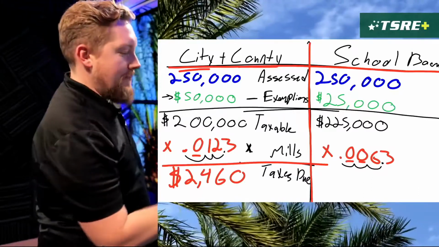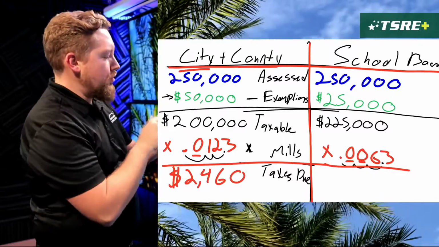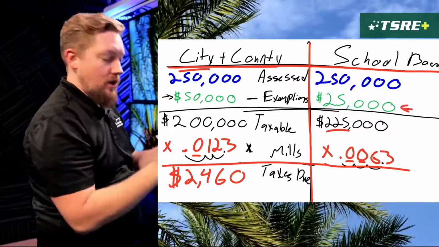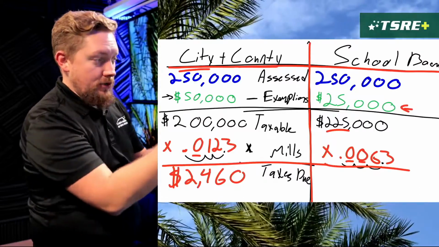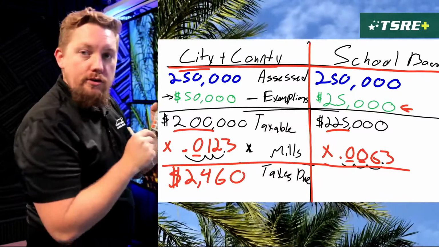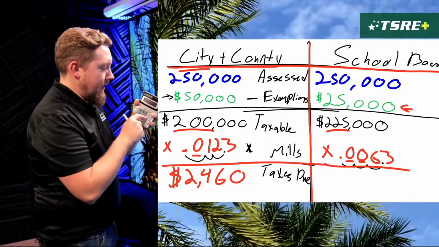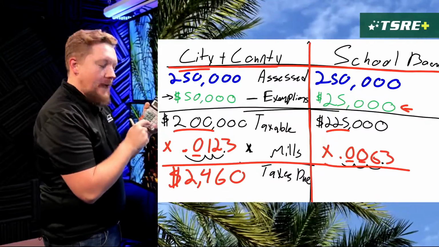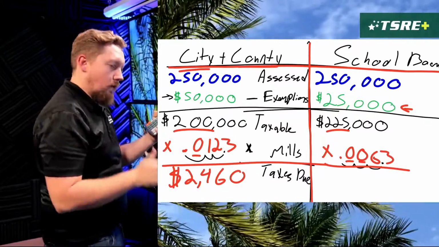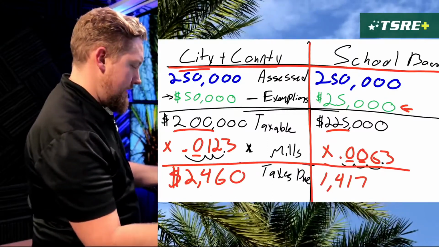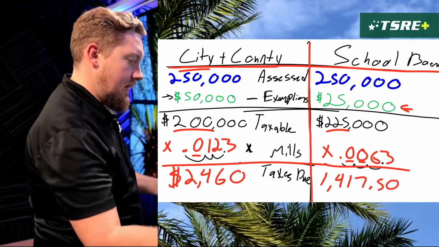So now, final step on this side for the school board, $225,000. You got to remember we've got that different exemption amount here, so make sure you punch that in, not the $200,000 that we did over here. So $225,000, we've got that in our calculator, times 0.0063, and that is going to give us $1,417.50.